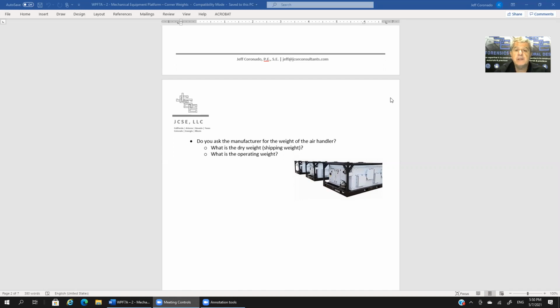We are interested in the operating weight, okay? And why is there a difference? Because once this unit is operating, there are fluids in there. There could be water, there could be freon. So the dry weight or shipping weight is different than the operating weight.